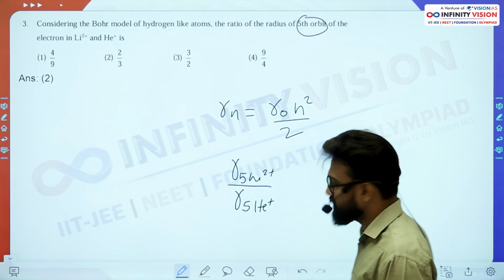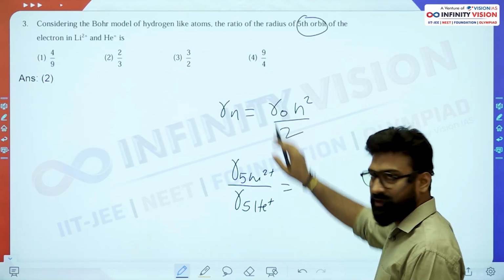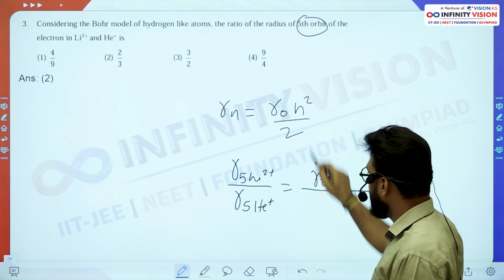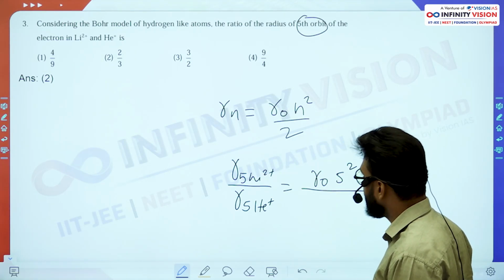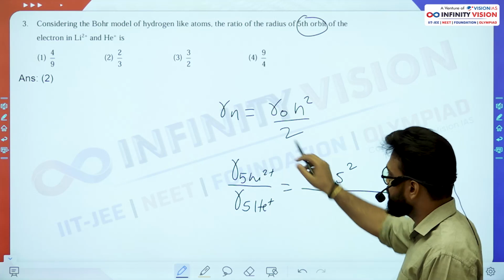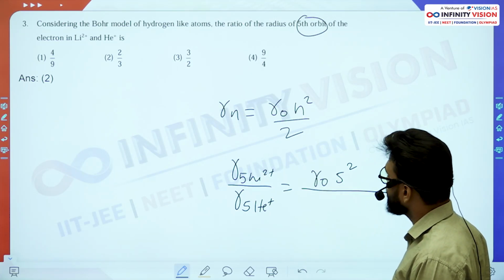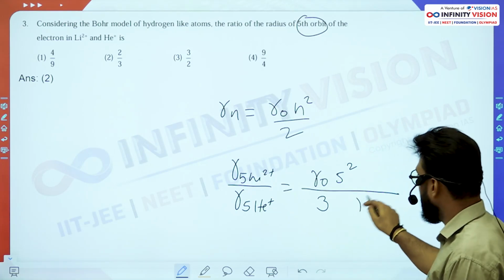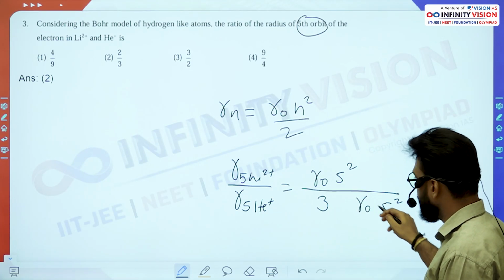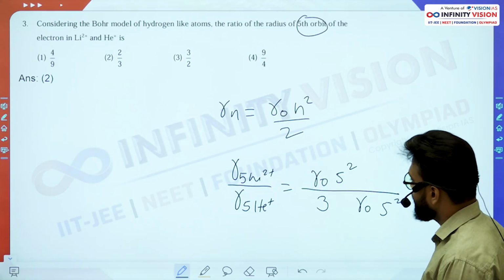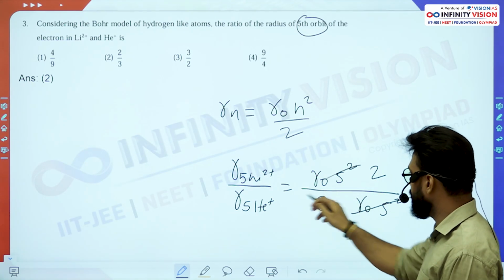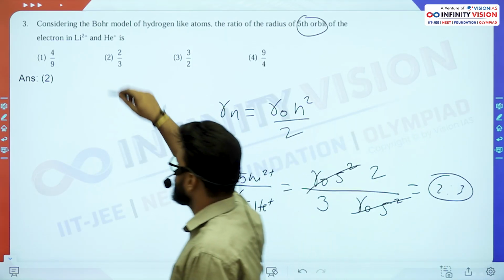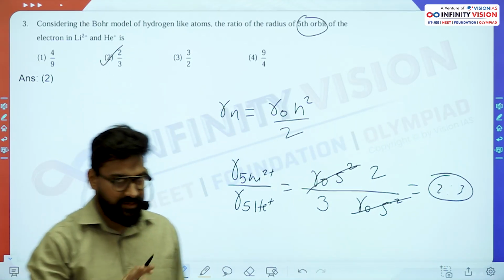We can easily write it as r_0, the radius of the first orbit, times 5 whole square for lithium, and for lithium the atomic number is 3. For helium it would be r_0 times 5 raised to power 2 divided by 2, which is the atomic number of helium. This 5 squared cancels out, and you will get the ratio 2 to 3. So the second option is the correct option that we must get.